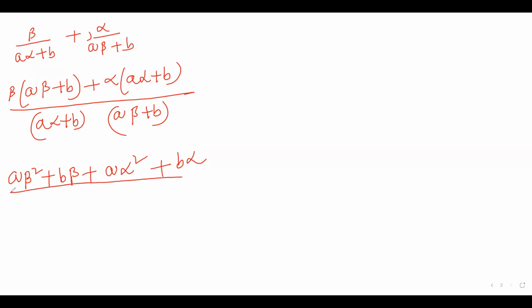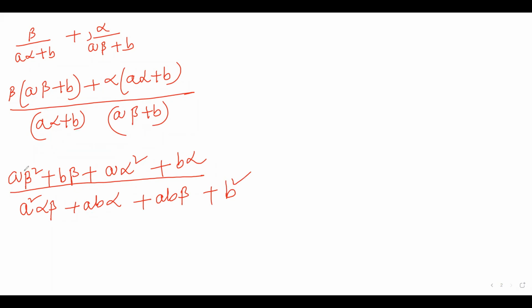The denominator: A alpha into A beta is A square alpha beta. A alpha into B is AB alpha. B into A beta, AB beta. B into B, B square.